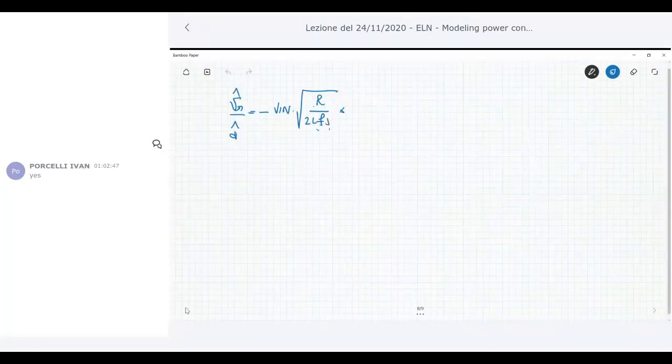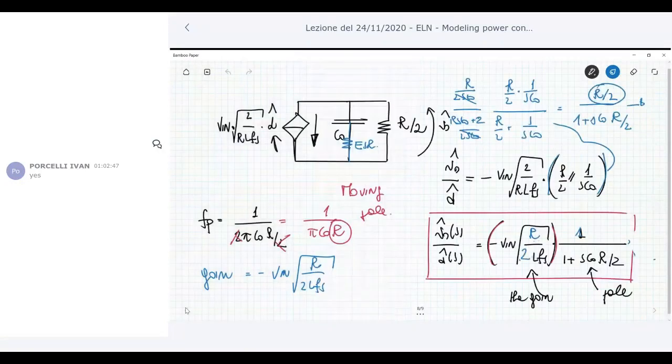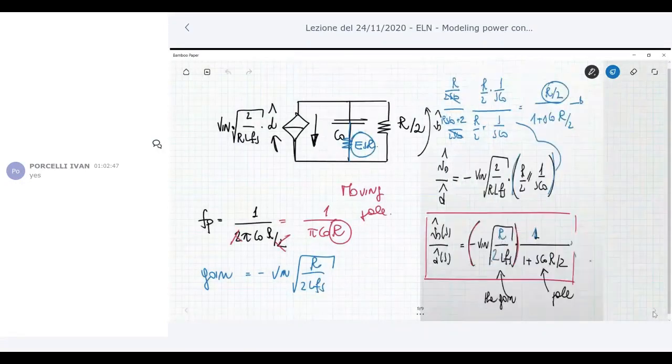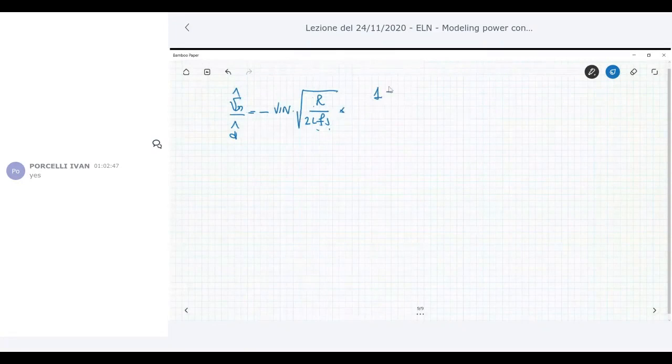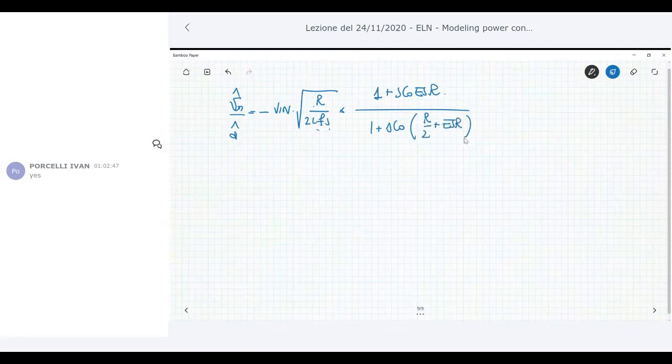Now, okay, we can continue. If you have the ESR here, then you have to take that now we have also a 0. And what happens with the denominator? The denominator is something like S naught R and F plus ESR. Okay, this is the correct version with the ESR.